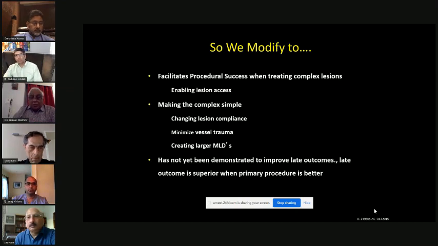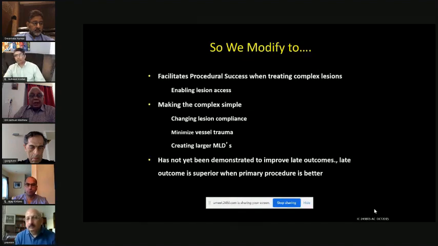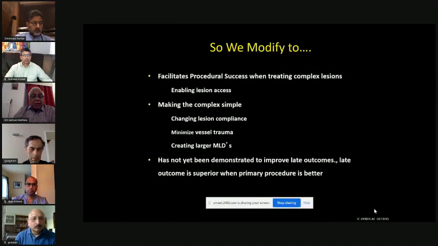We are only doing plaque modification to facilitate procedural success when treating the complex lesion, enabling the lesion success. What we are doing is making complex lesions into simple lesions, changing the lesion compliance, minimizing the vessel trauma, and creating larger MLDs.